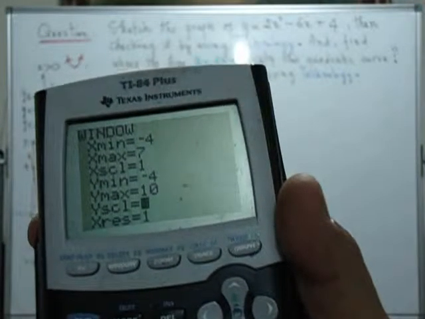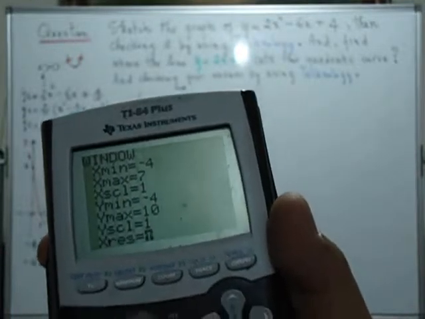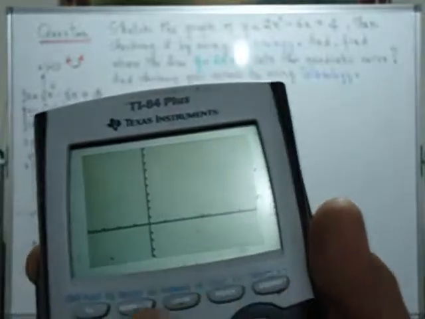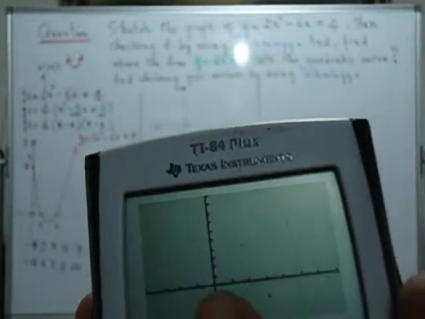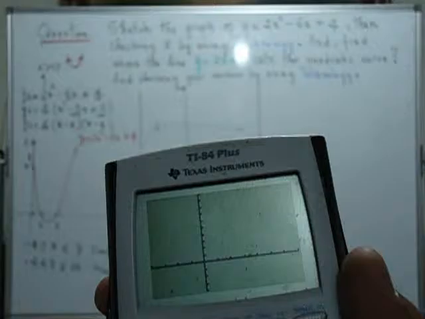Then we enter, and we have something like this: minus 4, 7, up is 10, down is minus 4.